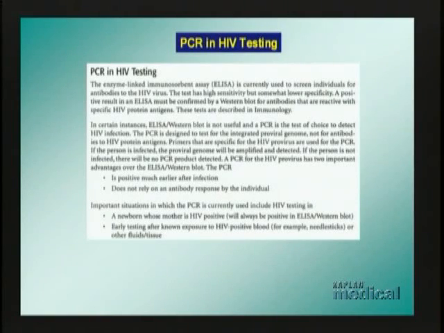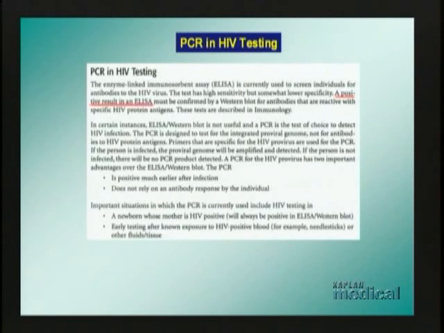So now another procedure in which PCR reactions are used is for HIV testing. If someone comes into the clinic and they want to be tested for HIV, the first technique that's generally used is ELISA assays.